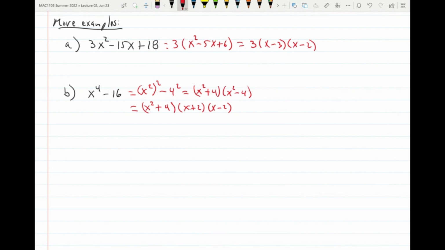If you allow complex numbers, then yes, you can keep factoring this, but we're not talking about complex numbers at this point. But this one we can keep factoring because it's a difference of squares, right? x squared minus 4. So you can break it up more, and it will give you the line below. Because this is x plus 2, x minus 2, right? So you get this. Good.